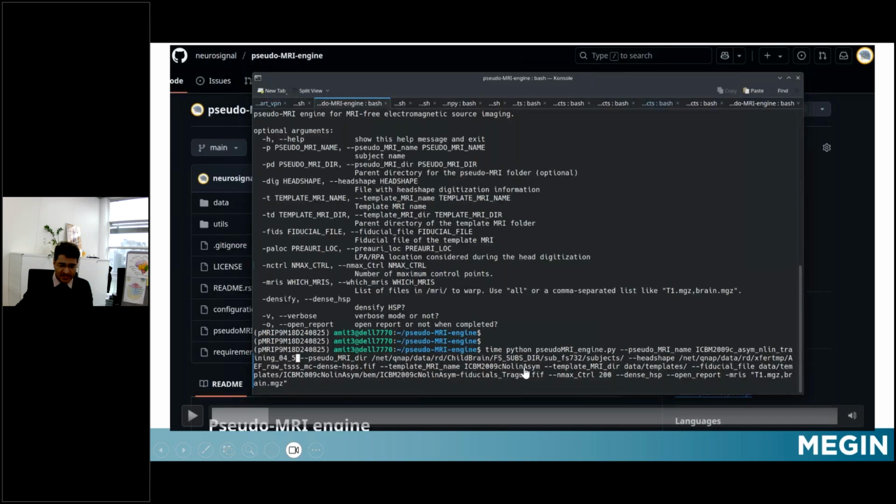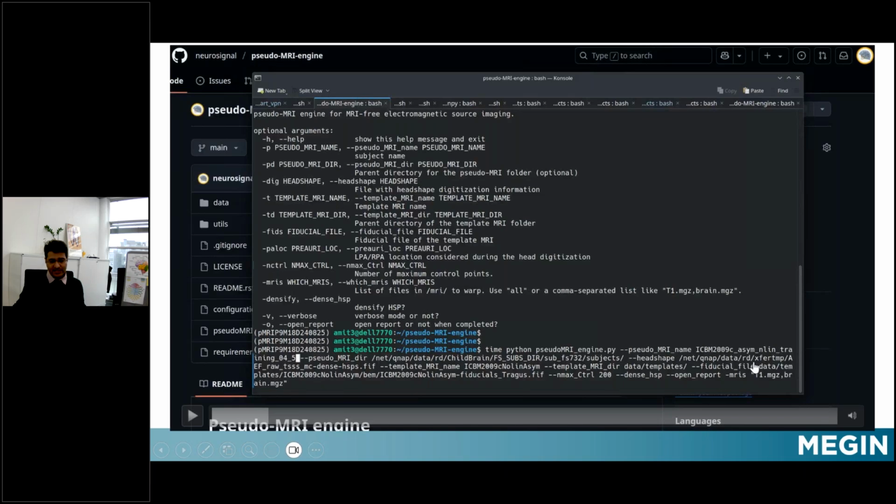The template MRI name, this template we have stored in this repository, and then the template MRI directory. This is in pseudo MRI engine /data/, which is your repository. There is another folder, data, and under that there is a template. It will read this template from here.